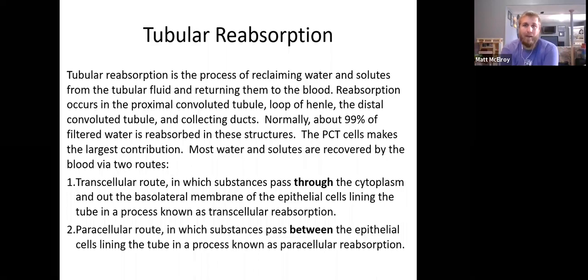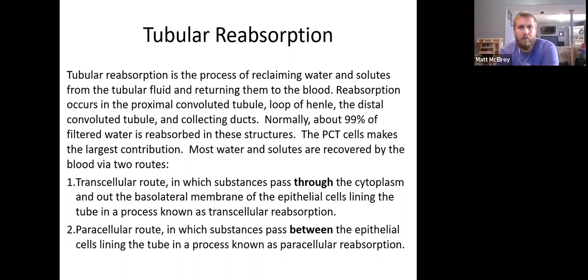And normally about 99% of that water is reabsorbed in those structures. The proximal convoluted tubule makes the largest contribution. So we pull out that water and stuff from the blood in our corpuscle, and then we give most of it right back in the proximal convoluted tubule.